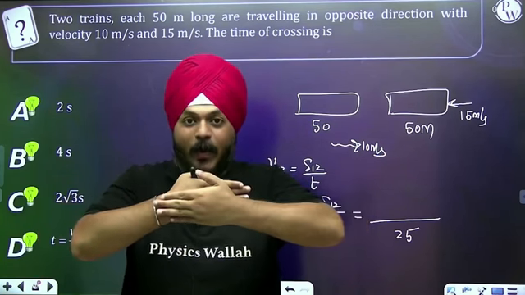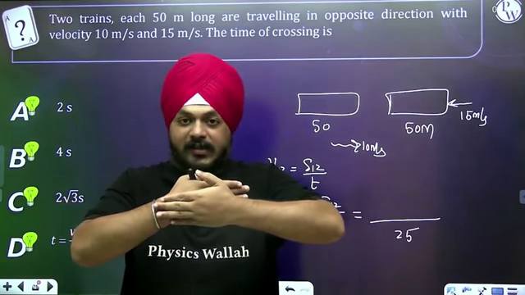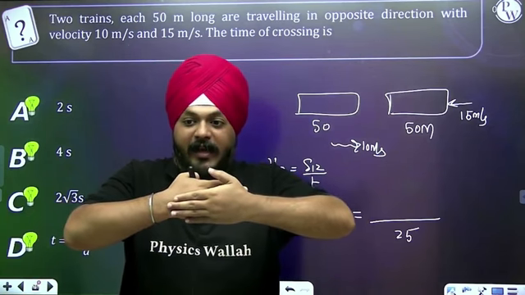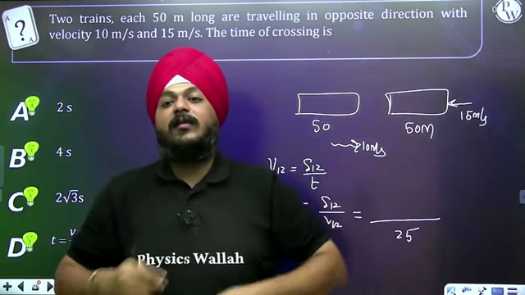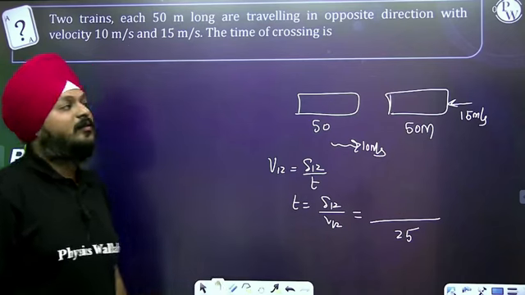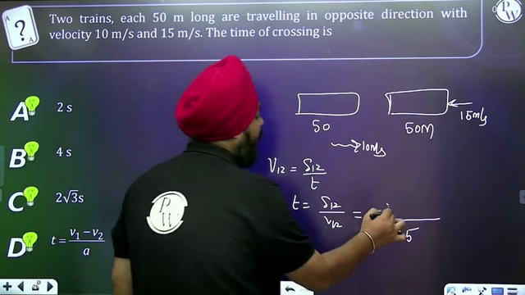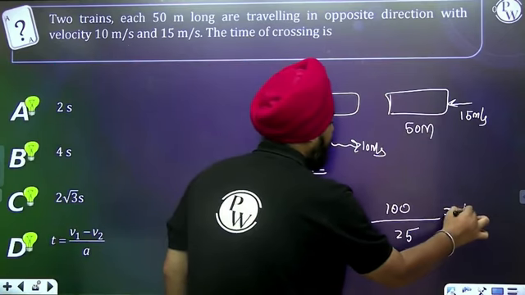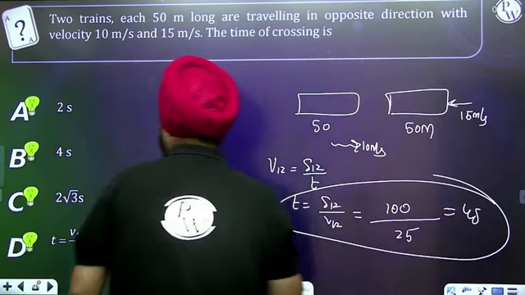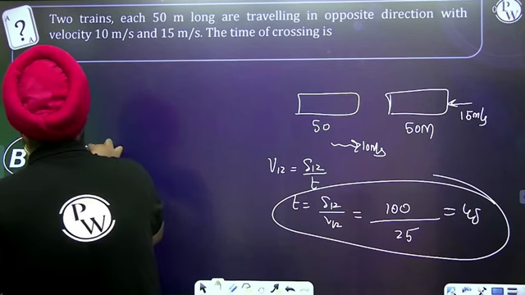First, they will get overlapped and cover the distance of 50. After that, to cross each other, they will cover the distance of 50 because both have a length of 50 meters. So this will be 100. Answer will be 4 seconds. B is the perfect answer for this specific question.